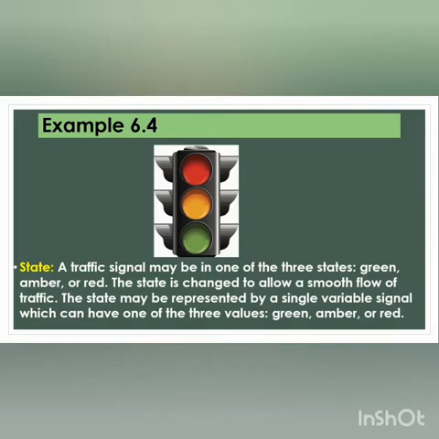The name of the variable is signal and the three values are green, amber or red. Green represents go, amber represents get ready and red represents stop. So, when the value of the variable is changed, automatically the state also changes.